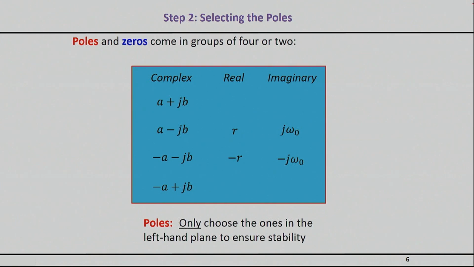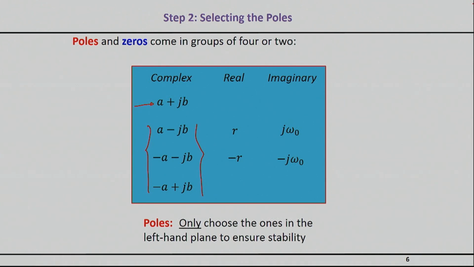If you look carefully at those expressions, it turns out, and again, this is based on decades of theory of lumped element prototypes, that all your poles and zeros will come in pairs or in groups of 4. That means if you end up having a zero that is complex, let's say it will have the form of a plus b, then you will necessarily have the other 3 zeros as well.